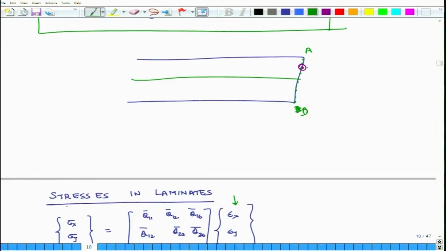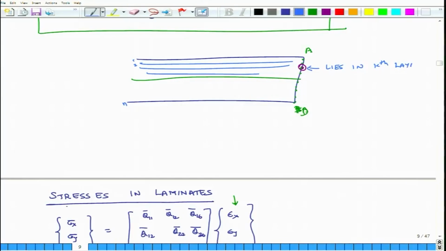It indicates the kth layer. So, suppose this point of interest corresponds to the kth layer. Okay. So, suppose this composite has several layers, 1, 2, 3 and so on and so forth, and these are total n layers, and suppose this lies in the kth layer. And that is the point of our interest.